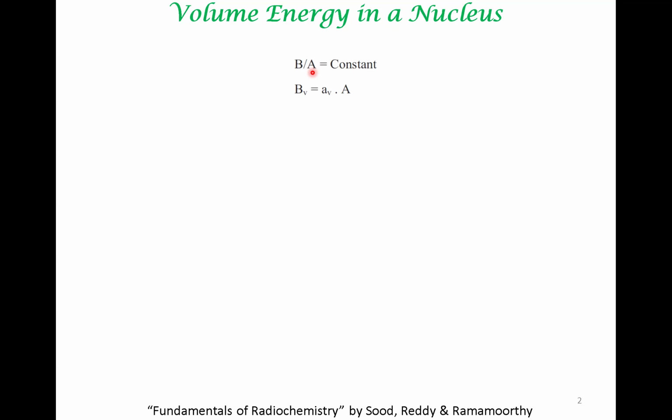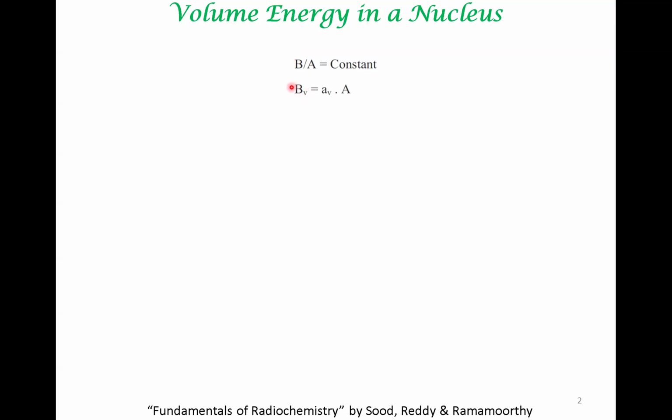There is a steep rise in binding energy per nucleon, but after that, the binding energy remains more or less a constant. So based on that observation, we can say that the binding energy per nucleon is a constant. So B by atomic weight is a constant.